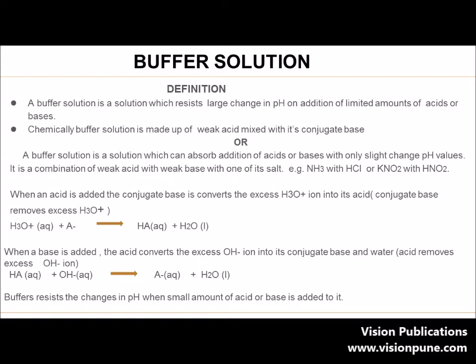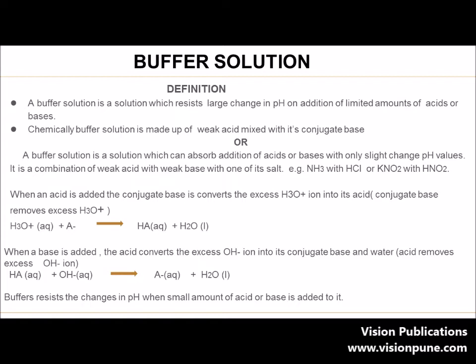Hydronium ion means H3O+, which you get in the solution when unreacted protons are present in the solution and they get attached to water molecules, forming hydronium ions. These hydronium ions react with the negative ion and get converted again to acid and water.